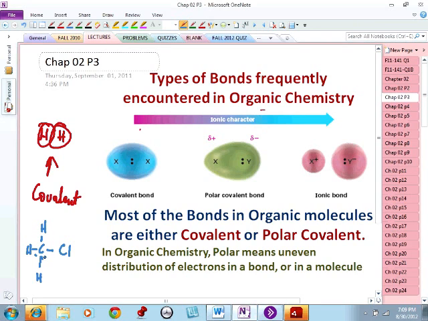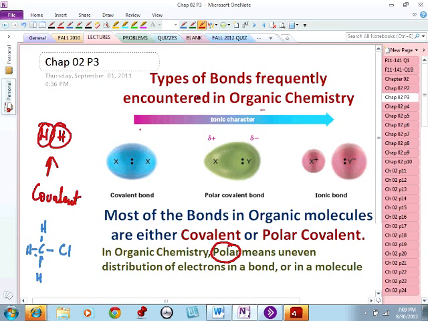There is no way to expect each one of these bonds to be a perfect covalent bond. So there is a term that we use in organic chemistry we call a polar bond. In organic chemistry, polar simply means uneven distribution of bonding electrons. So if we say we have a polar covalent bond, that means we have an uneven distribution of bonding electrons.